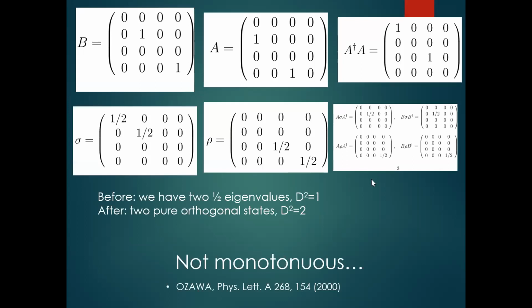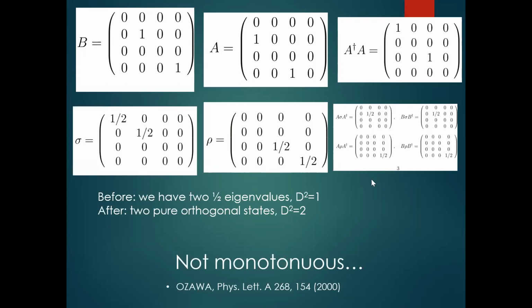A year later there was a very nice paper by Ozawa. He took two operations: one just conserving the ground state, the other the complete amplitude damping operation, and he took two states.